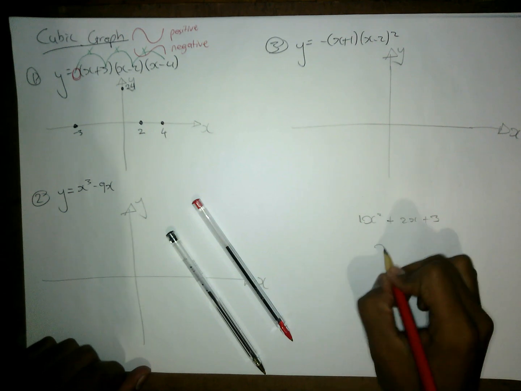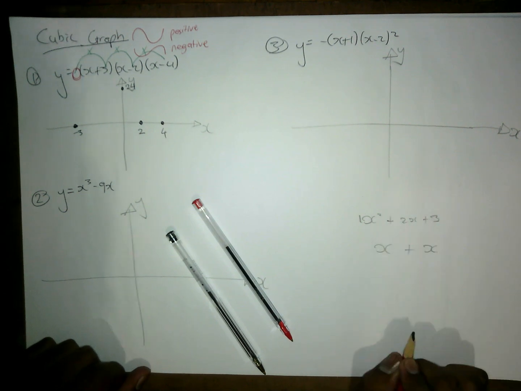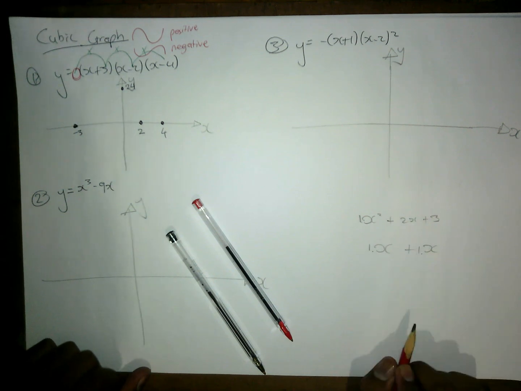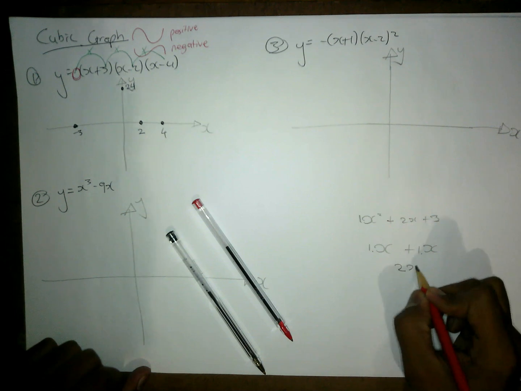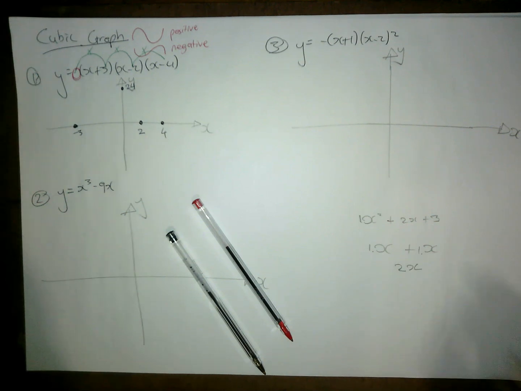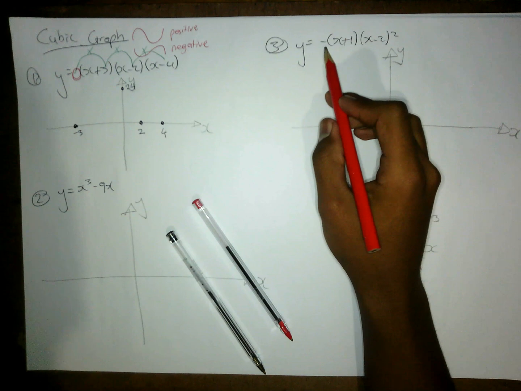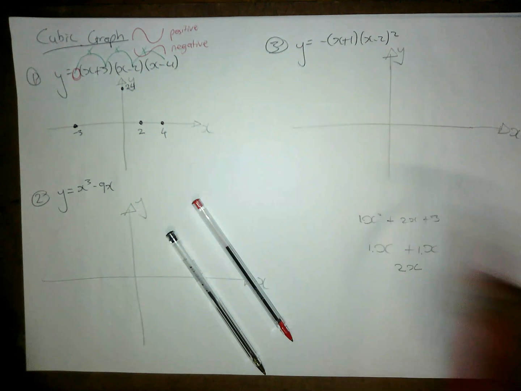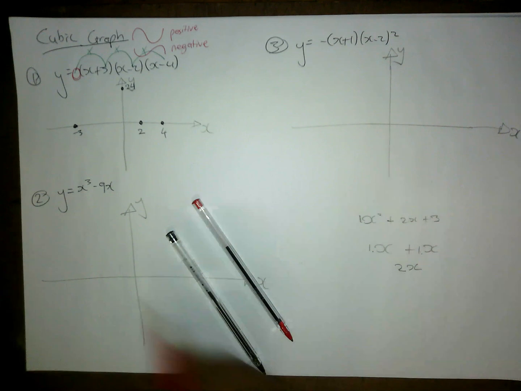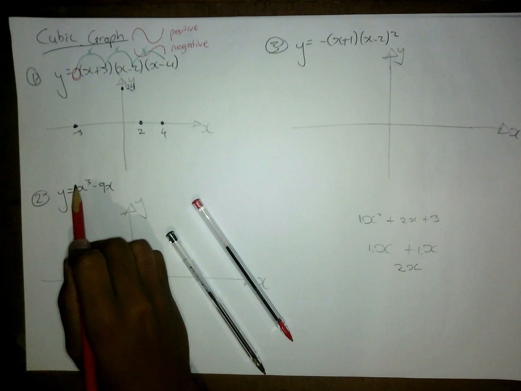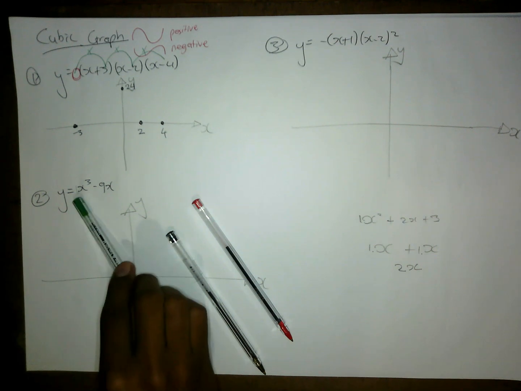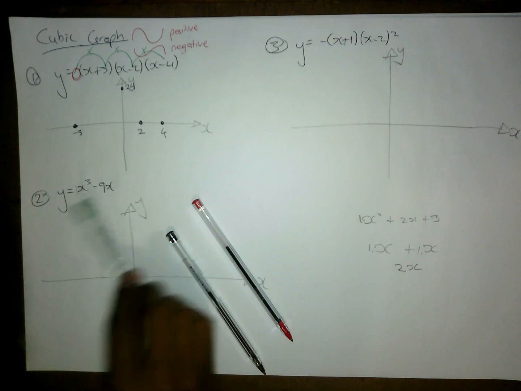If you say x plus x, there's an imaginary 1x there and an imaginary 1x there to give us 2x. Here it's a negative, but it's actually a 1 that's there. Even by this x cubed here, there's a 1 there. We just can't see it, but it is there. It's basically saying there's one x to the power of 3 in this equation.